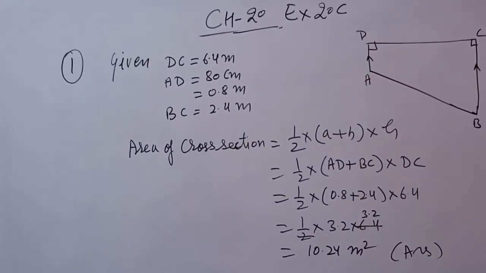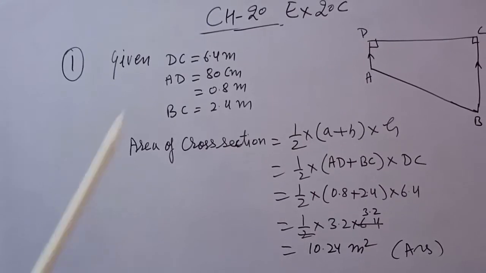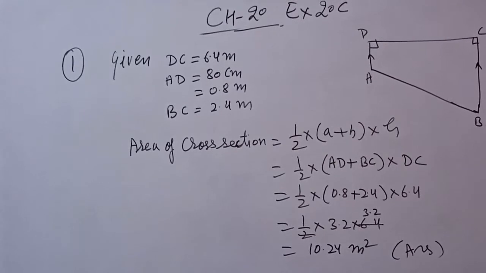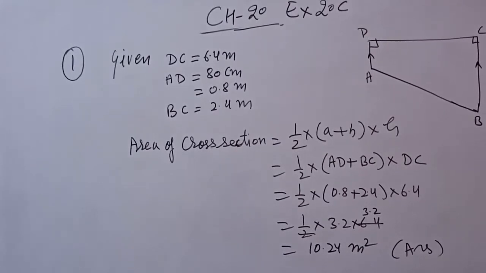Children, I am taking question number 1, exercise 20C, chapter 20, in which a figure is given. You can see the figure. The sum is: in the following figure, ABCD shows the cross section of a swimming pool, which is a trapezium in shape. We have to find the area of the cross section.